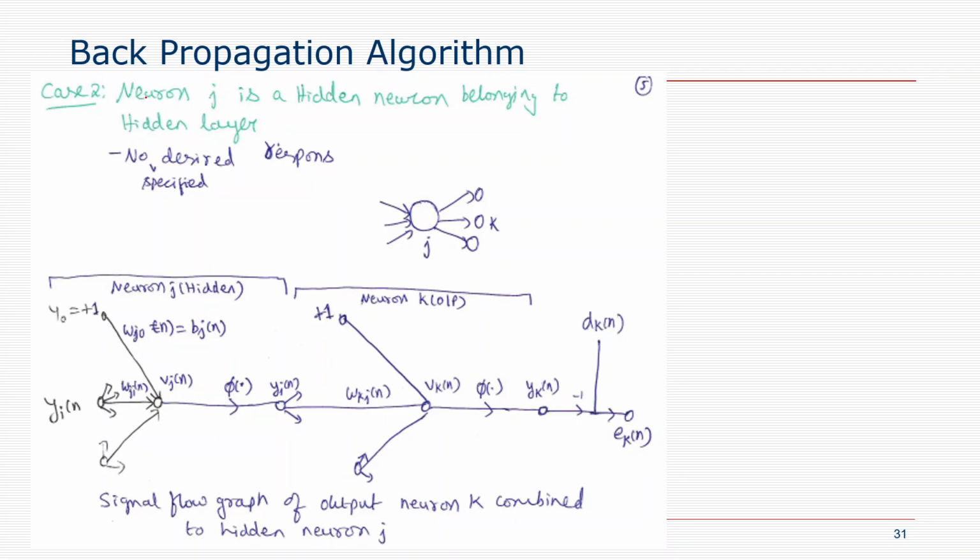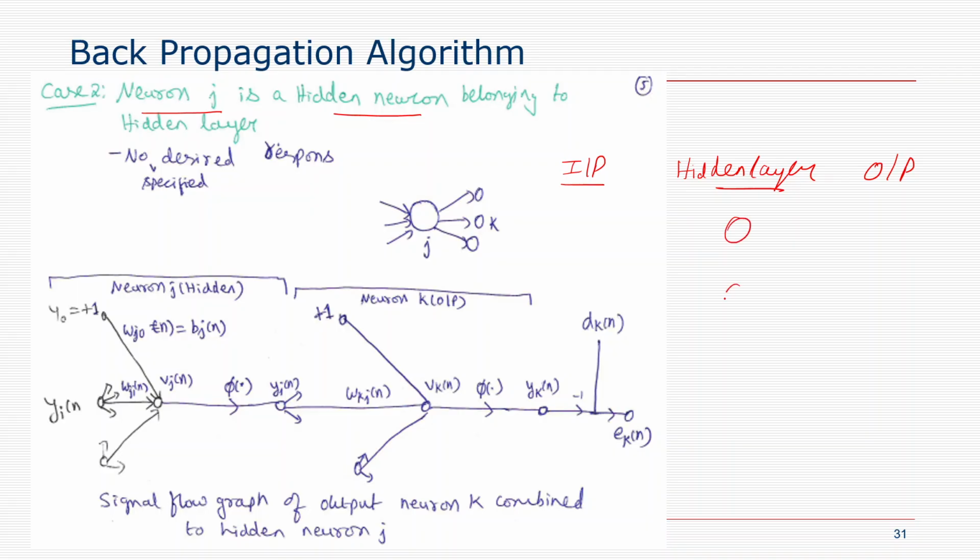Now, the other case we have to consider is when neuron j is a hidden neuron belonging to the hidden layer. As I said, in a multi-layer perceptron we have the input layer, then the hidden layer, and then the output layer.